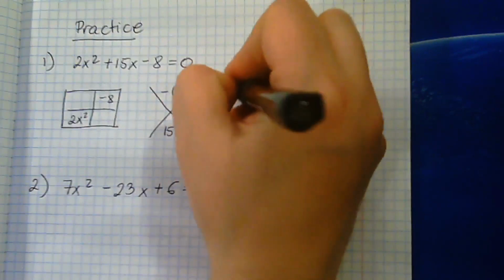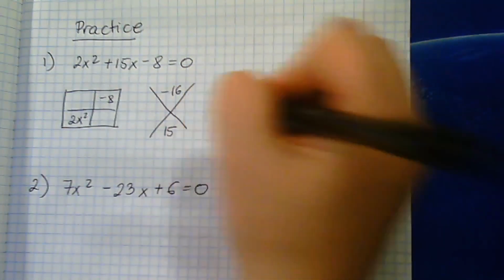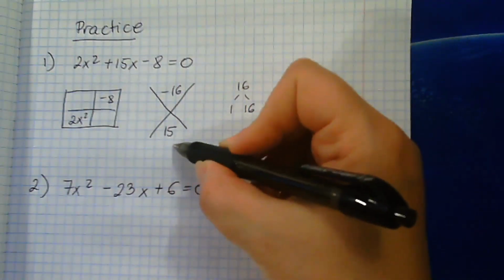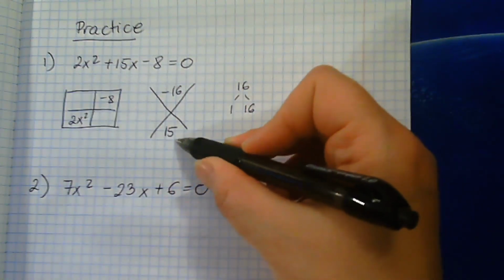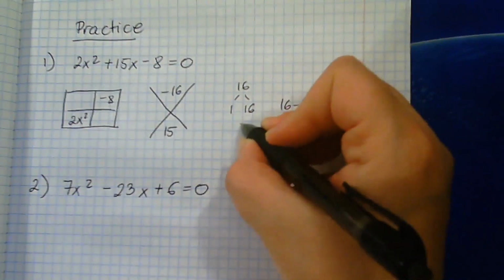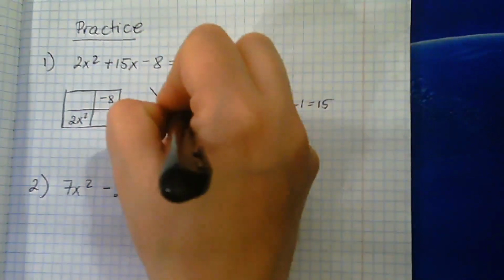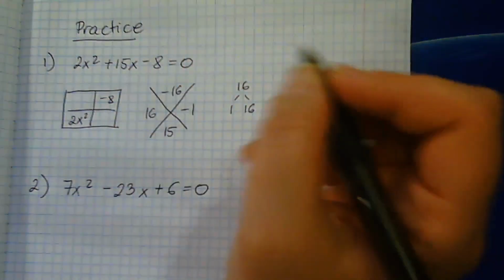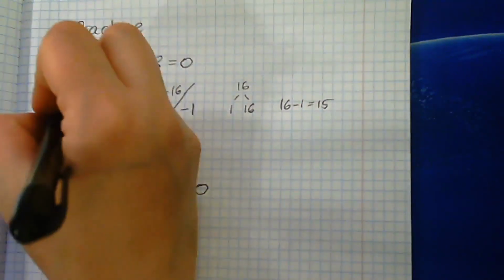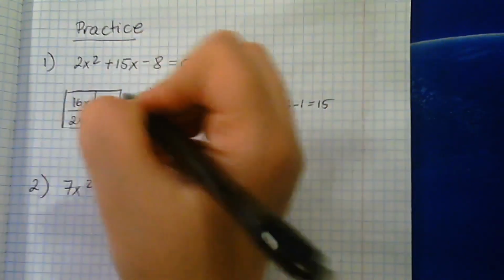So 2 numbers are multiplied to 16, 1 and 16, but they add up or subtract to give me 15. Well, 16 minus 1 is 15, so I don't even have to go any farther than this, right? So it's positive 16 and negative 1. Where does 16 go? 16x, negative 1x.